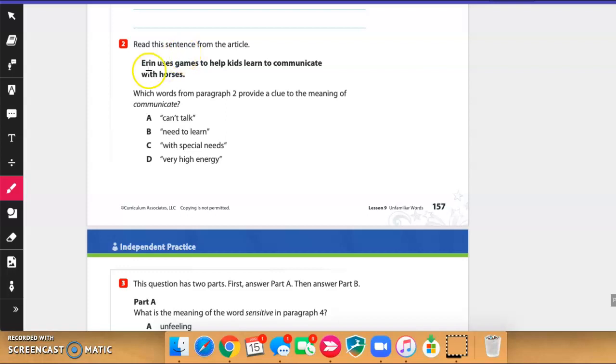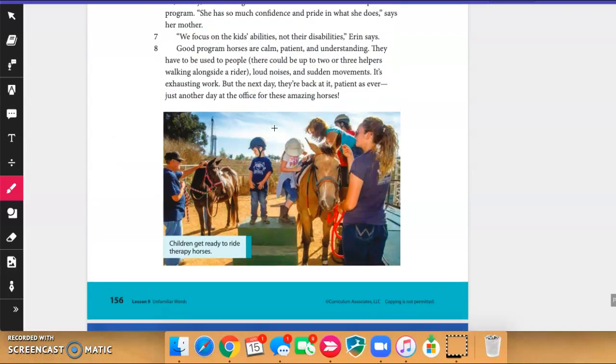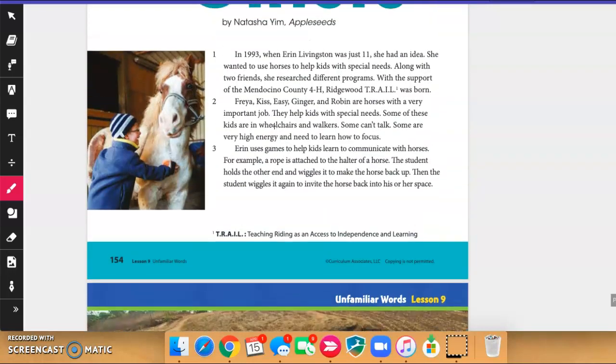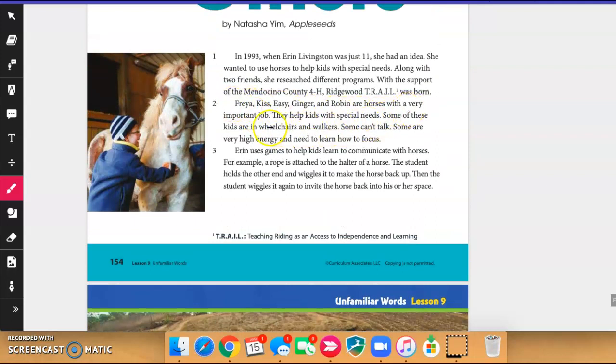Number 2, Aaron uses games to help kids learn and communicate with horses. Which words from paragraph 2 provide a clue to the meaning communicate? So you should go back up to paragraph 2, find the word communicate. Underline the word communicate.